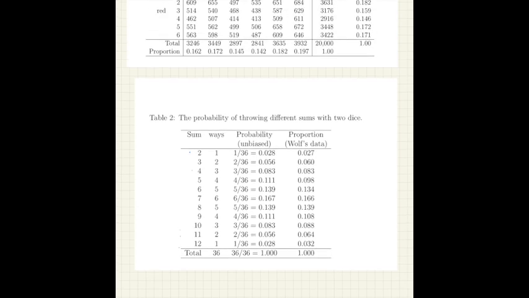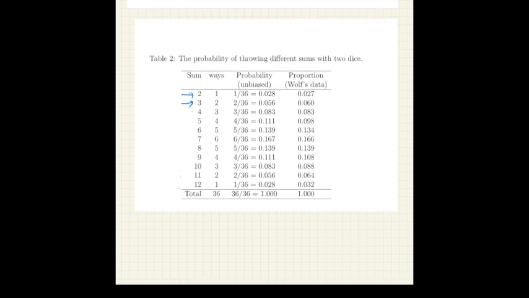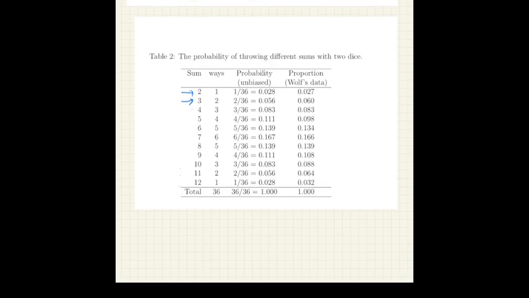If you get 1 and 1, you get the sum of 2. If you get 1 and 2, or 2 and 1, you get the sum of 3. And if you get 6 and 6, you get the sum of 12. This column, ways, shows the number of ways to obtain that score. To get the sum of 2, the only way is 1 and 1, so the number of ways is 1.